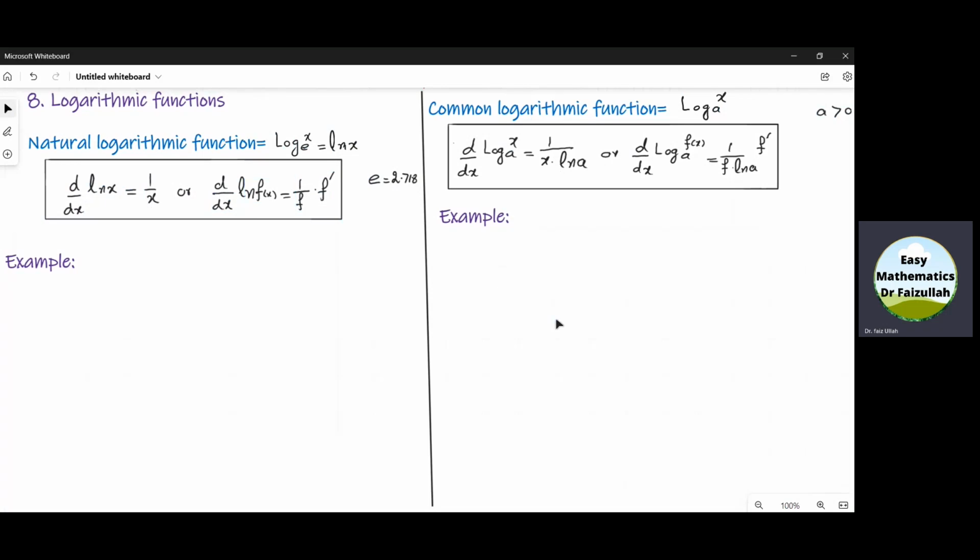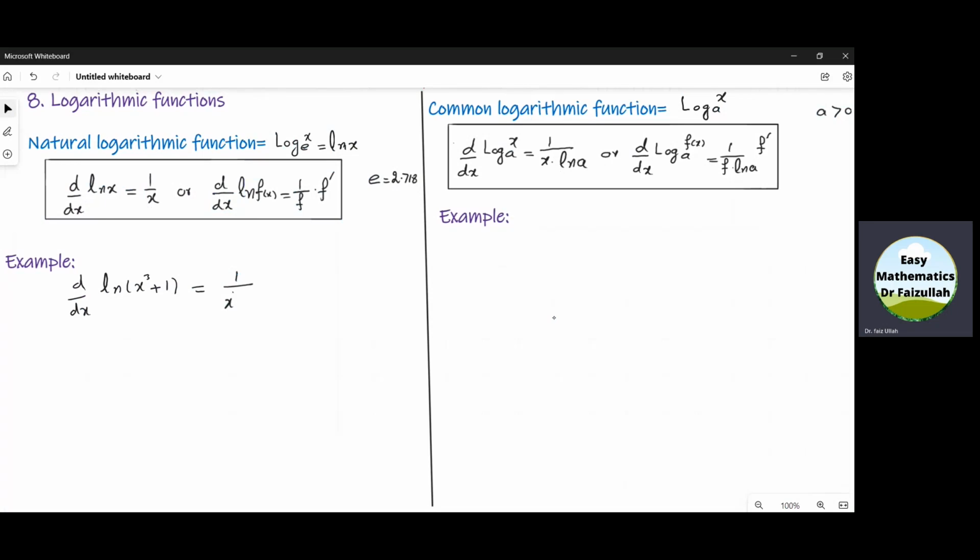Let us explain it by an example. We have ln of x cube plus 1. Let us differentiate it. So according to the above formula, its differentiation is 1 over f of x.